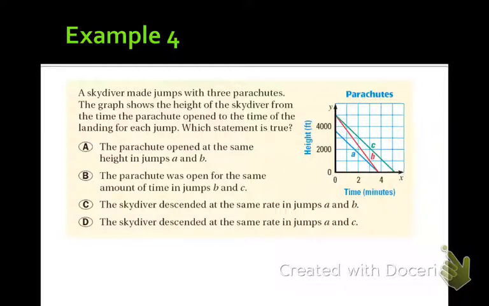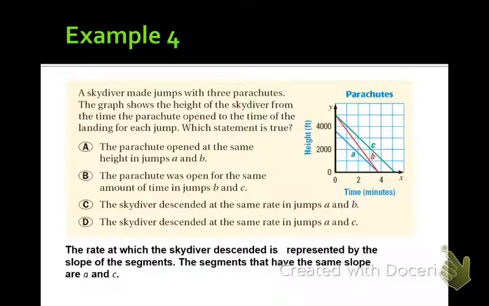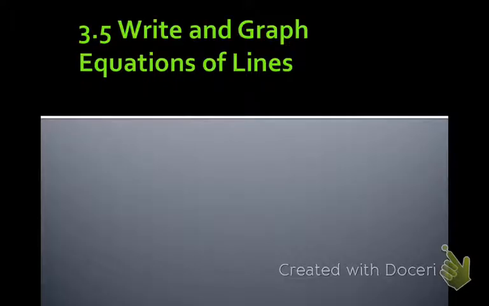The skydiver descended at the same rate in jumps A and C. The slopes are the same, so their rise over run is the same. Even though they're not the same line, they descended at the same rate because those lines are parallel. Okay.